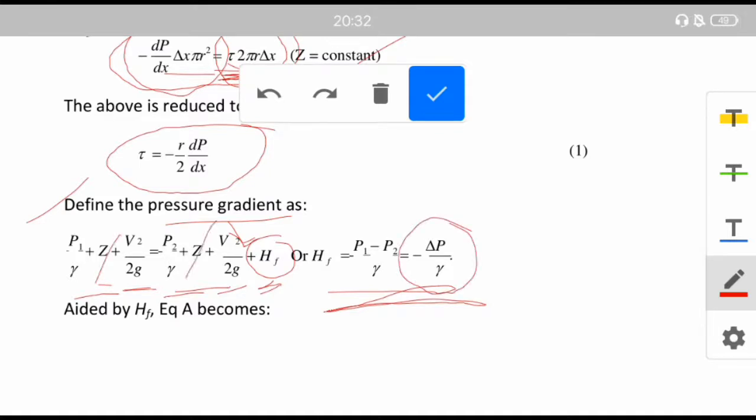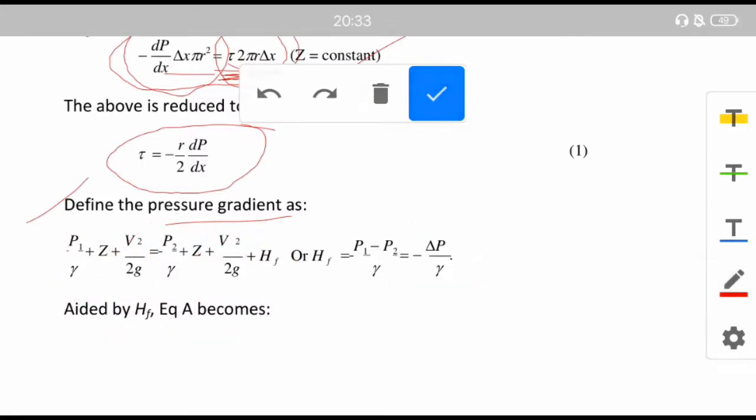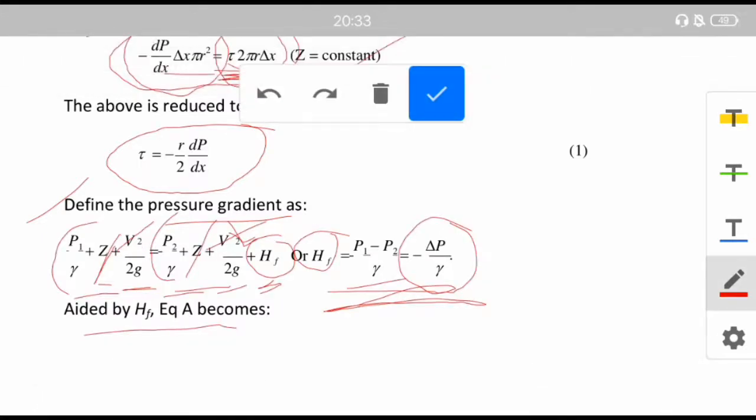Considering that Z is at the same datum height and the velocities are also the same, the only change in the pressure head will lead to the head loss. And one more thing, this is equation 1, not equation A.